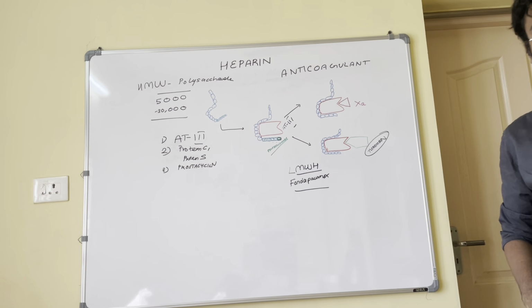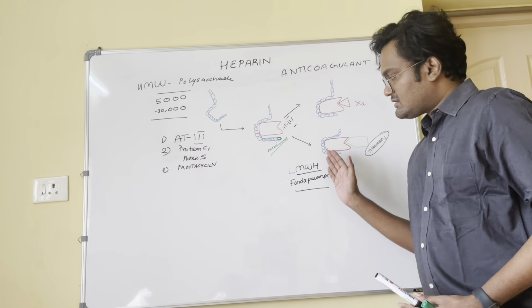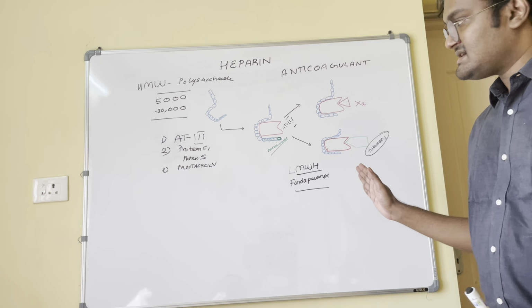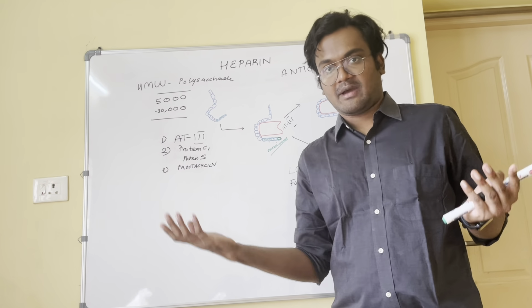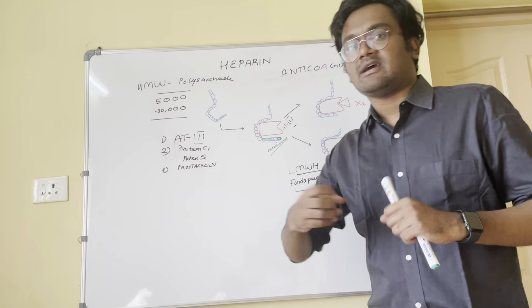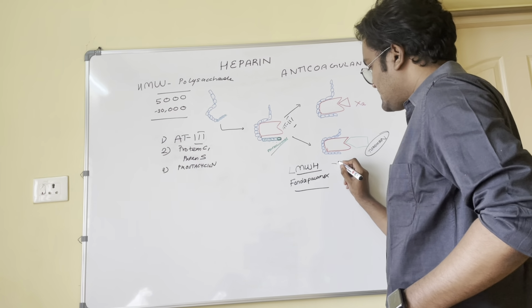Low molecular weight heparin essentially ditches a few chains of heparin, so some chains are removed. The average molecular weight of low molecular weight heparin is only 5000.